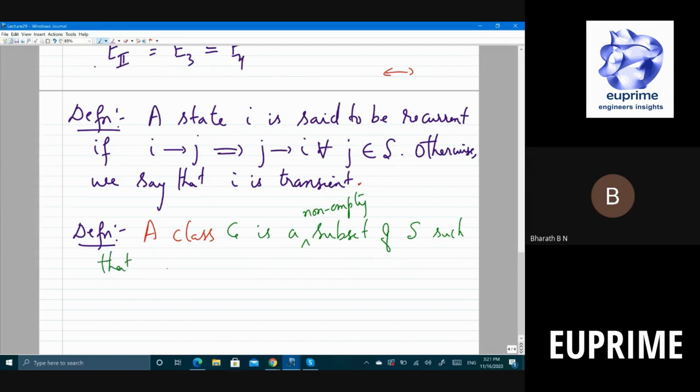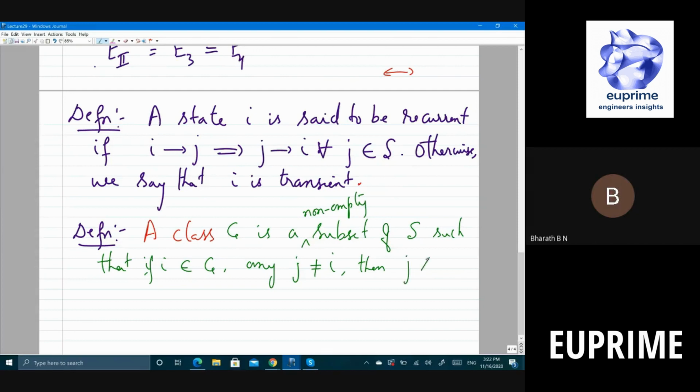now, if you take I belonging to C, and you take any state J not equal to I, then if you take a state in C in the communication class and any other state not equal to I, then either J should be able to communicate with I and therefore J belongs to C, or J does not belong to C. Fine.